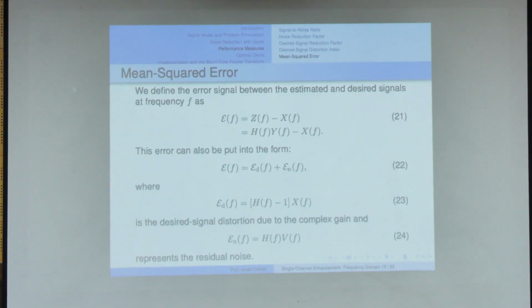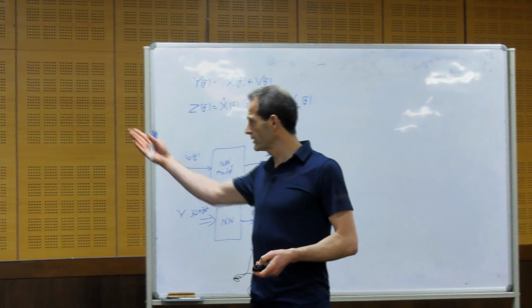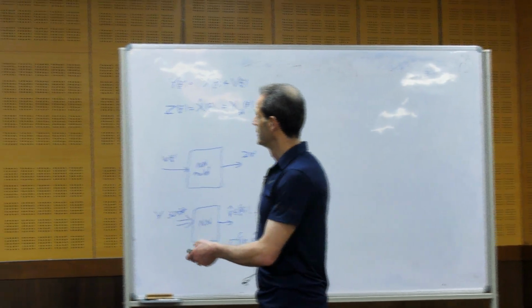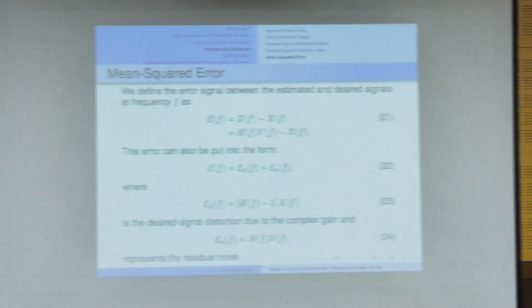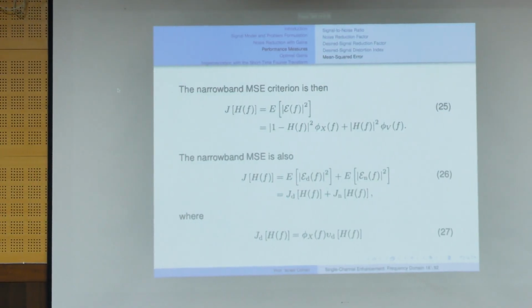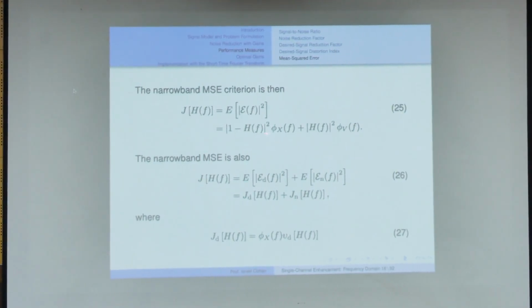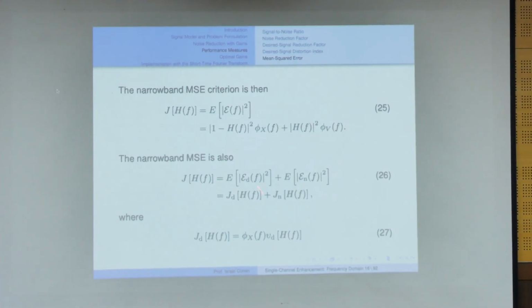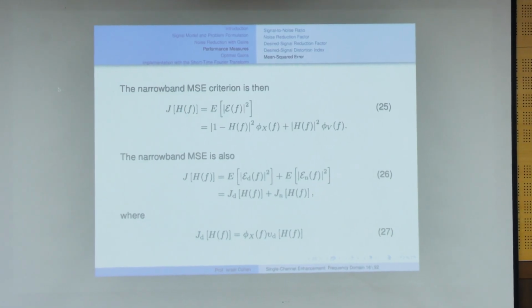Sometimes we can even say that they are statistically independent, okay? But for this purpose, it's enough that they are uncorrelated. We have the mean squared error. We can write the mean squared error as a summation of two components, one which is based on the distortion and one which is based on the noise, just like what we had in the time domain.